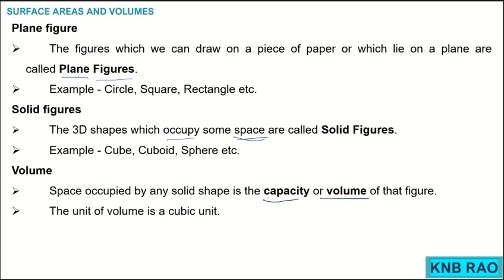The unit of volume is cubic units, also written as unit cube. For example, if the unit is centimeters, then centimeter cube or cubic centimeter will be the volume. If it is meter, meter cube or cubic meter, likewise.